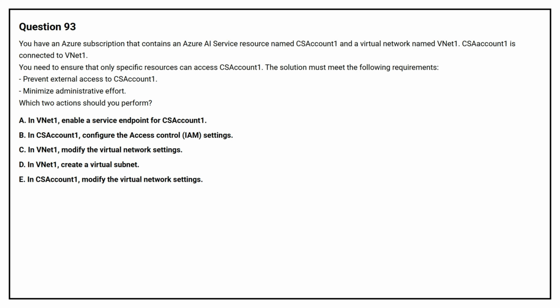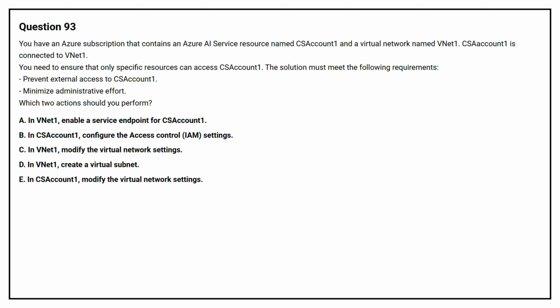Question number 93. You have an Azure subscription that contains an Azure AI service resource named CS Account 1 and a virtual network named VNet1. CS Account 1 is connected to VNet1.